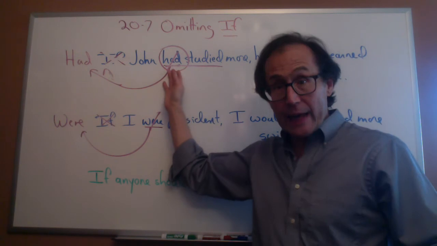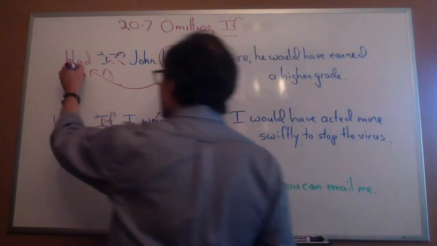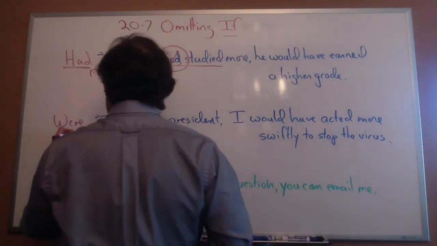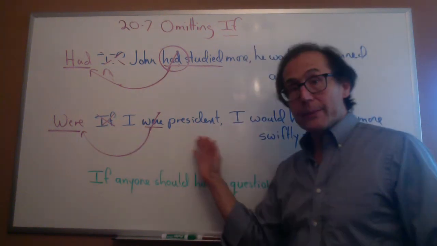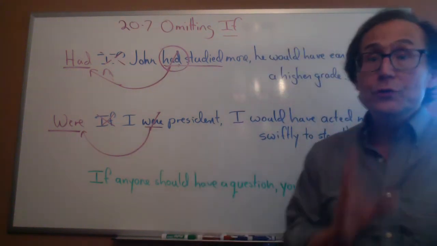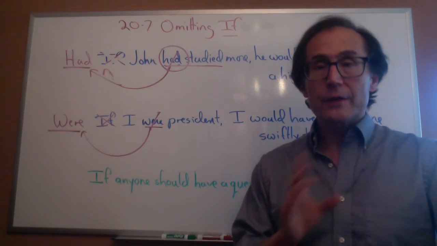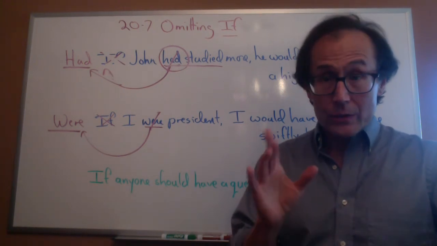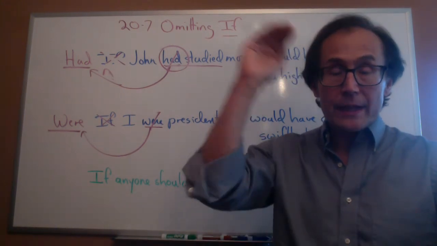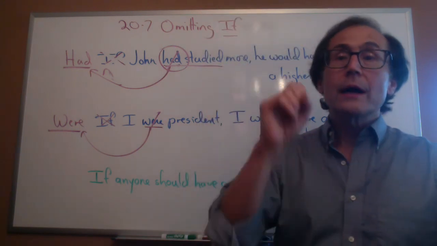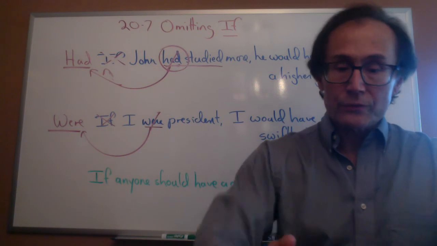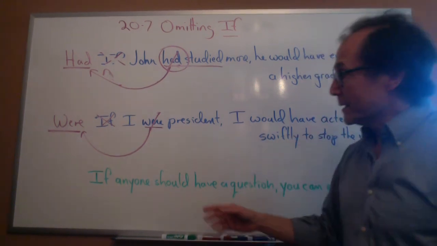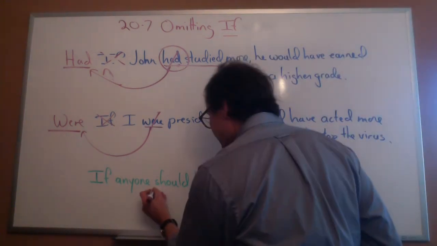I can also do it with be, with were. So I could say, were I president. Usually we don't do it with other verbs. So I can do it with had, I can do it with were, and there's one more. But again, I don't do it with most verbs. The other one is should.